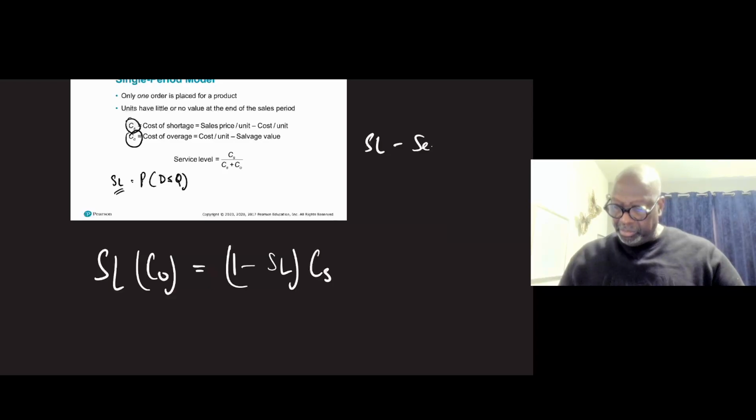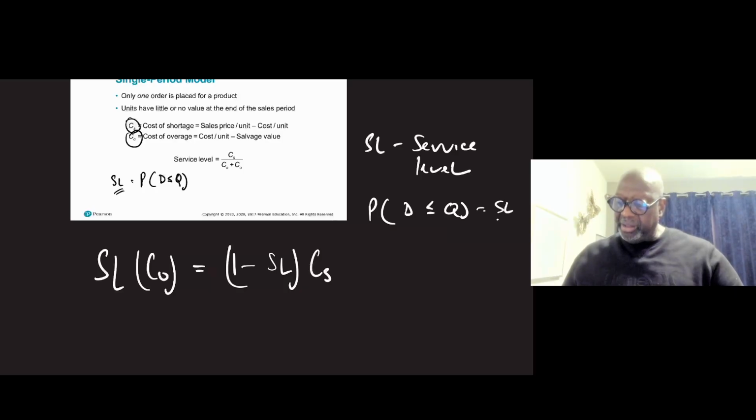SL is the service level, which essentially is the probability that the demand will be less than or equal to the quantity Q that we stock. And that's how we define it. So when the demand is less than the quantity that we stock, we incur excess or overage. And so the expected overage cost, which is this, must be equal to the expected shortage cost.